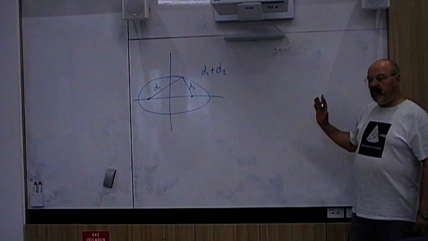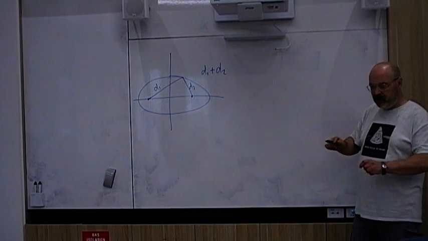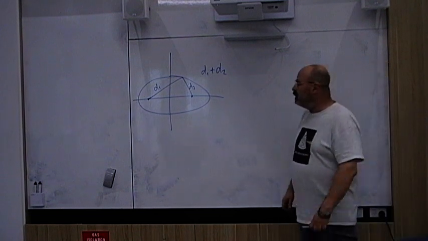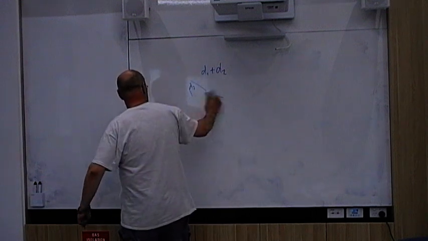Now, we don't have time to go over all things with ellipse. We'll go to what you actually need to know. It is the Cartesian equation of the ellipse.